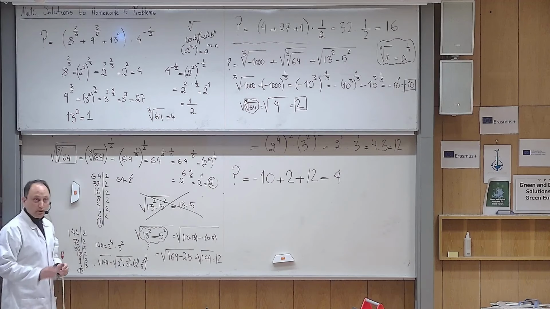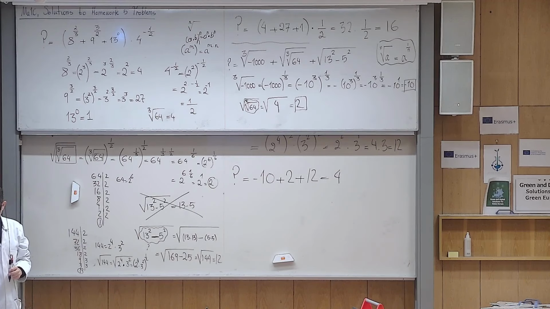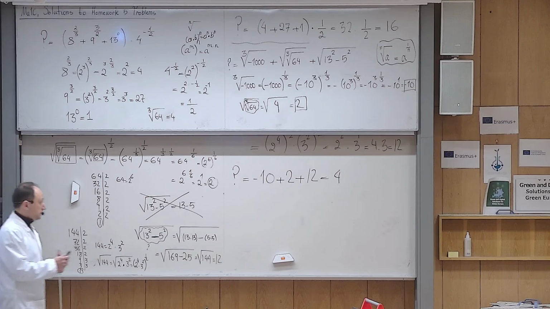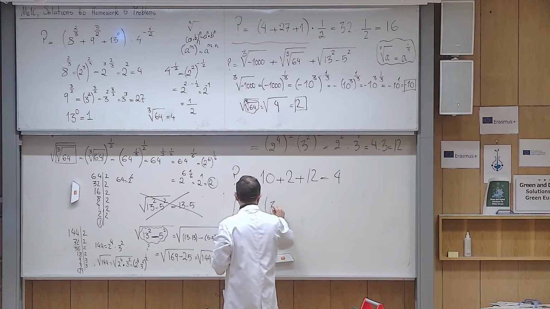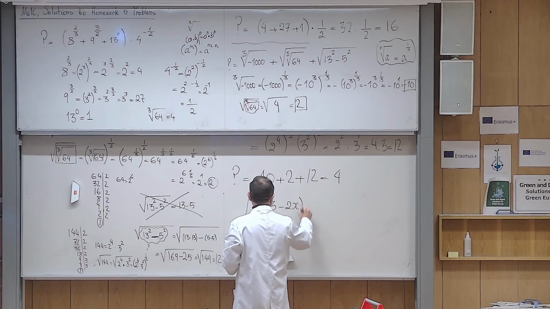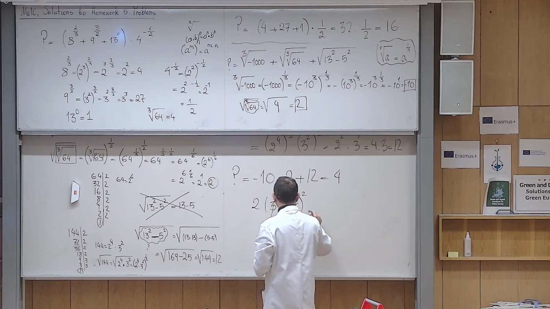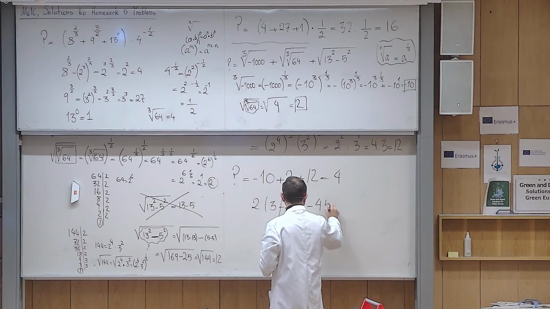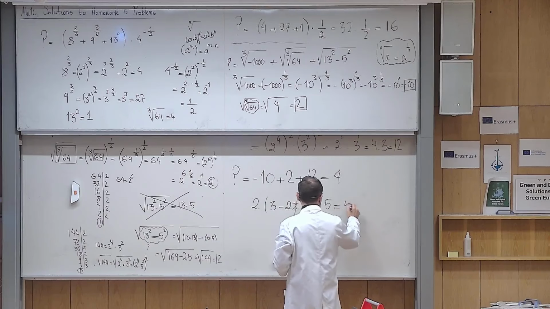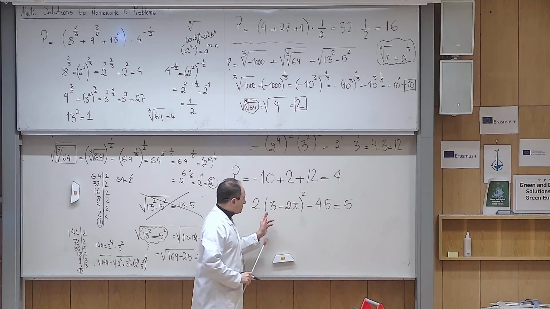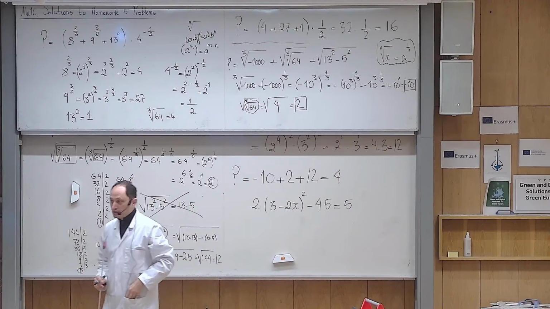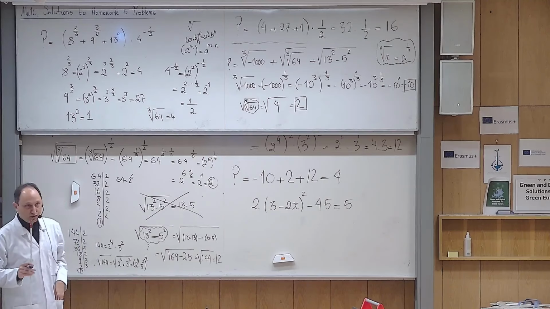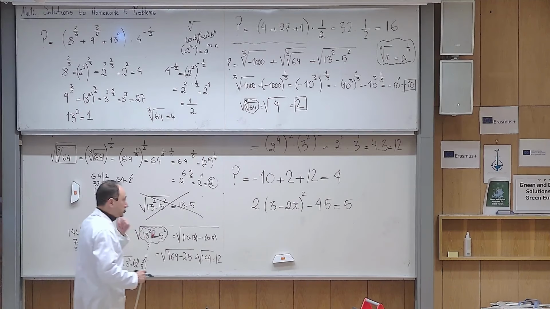So let me write. We write this problem here. It is 2 times (3 minus 2x) to the power of 2, minus 45, equals 50. I saw some of you write these 2 times and multiply them together. It's not wrong. That's very good that you didn't do it wrong, because some of you did it wrong.